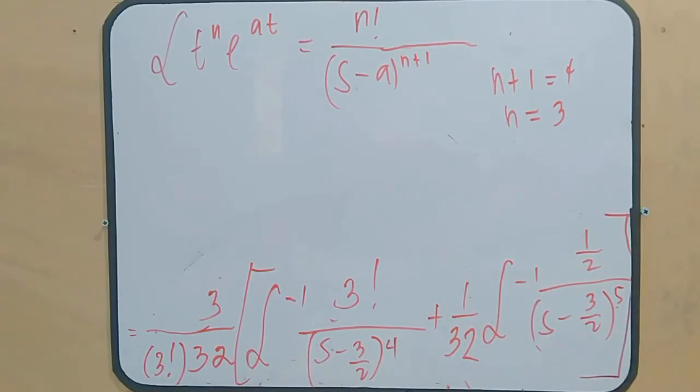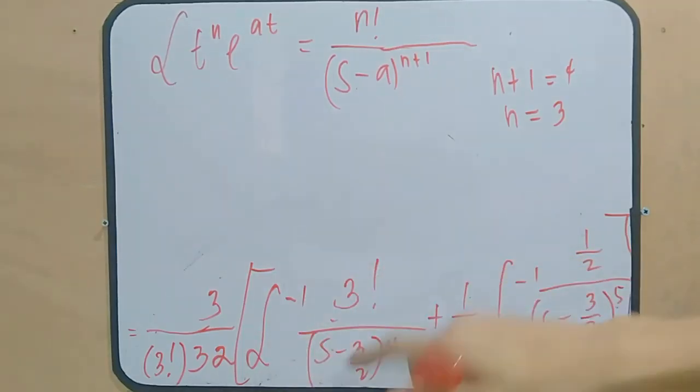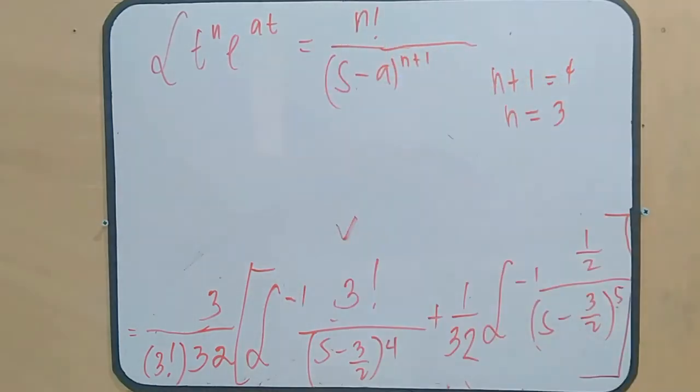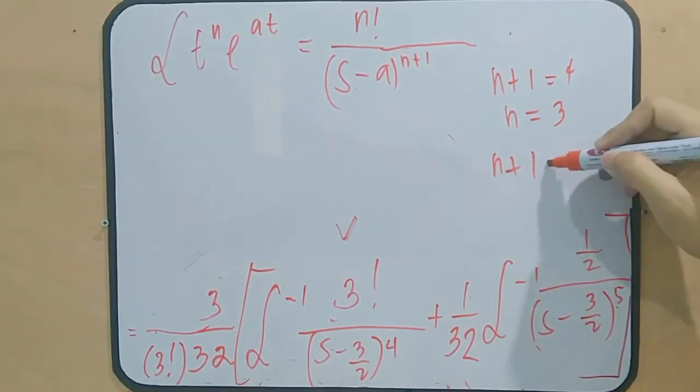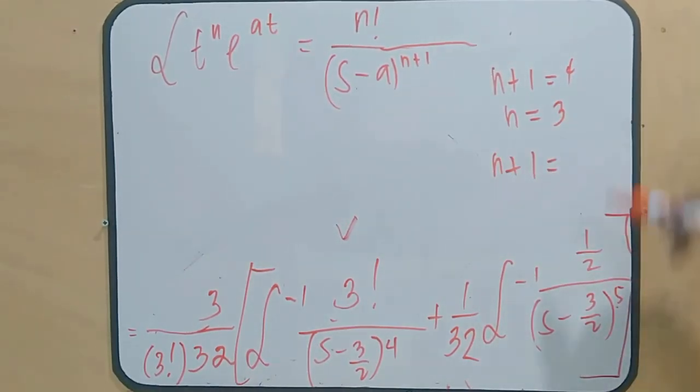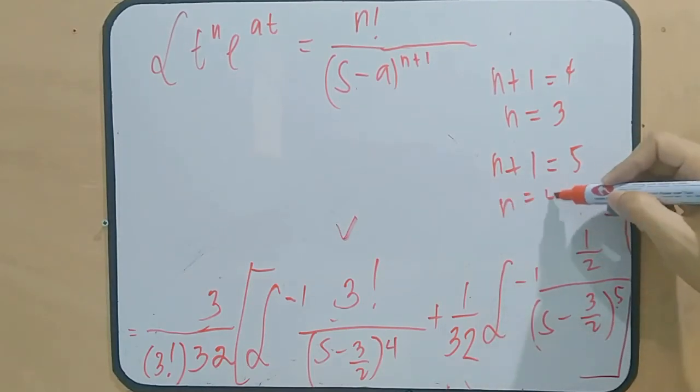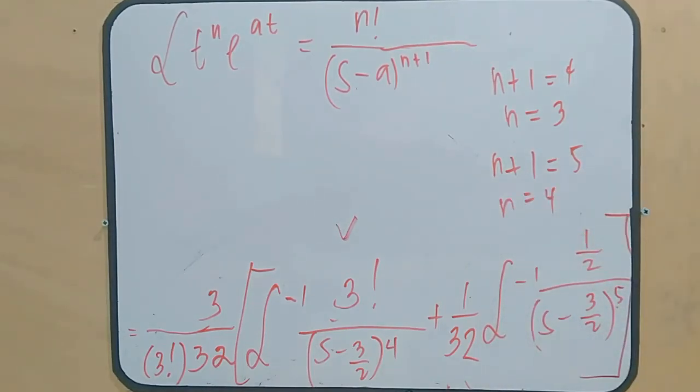Now here, we have this expression. So check na yan. Pwede mo nang igamitin yung formula. Now here, same process. So yung n natin here is 4, since the n plus 1 is equal to 5. So n here is 4. So wala tayong 4 factorial. So lagay tayo ng 4 factorial dito.